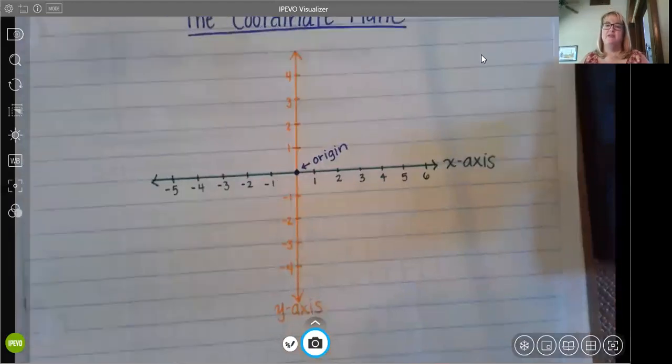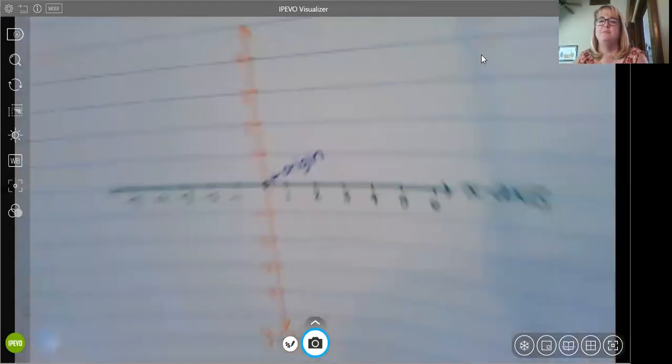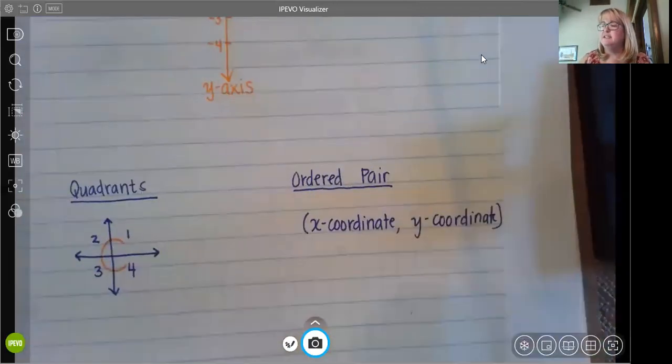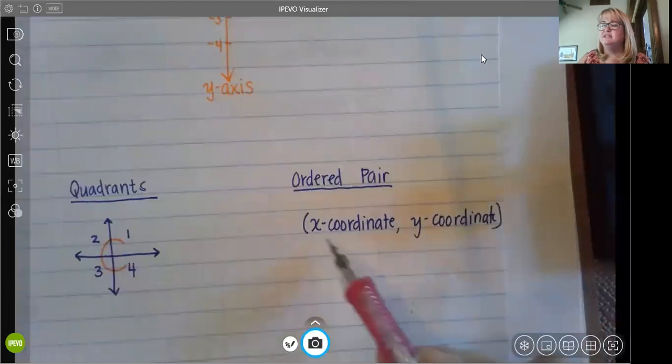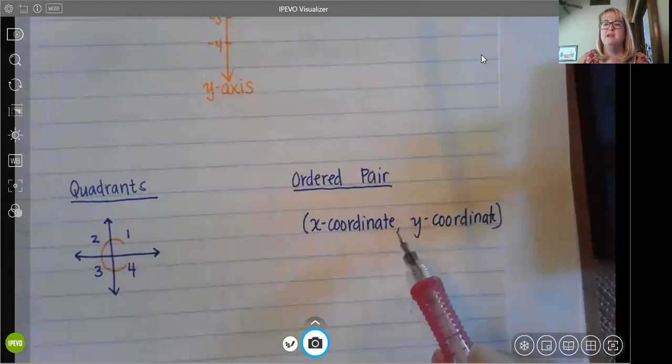Every point on the coordinate plane has an address, and the address is called the ordered pair. I've got some notes right here on the ordered pair. An ordered pair consists of 2 numbers separated by a comma, in parentheses.